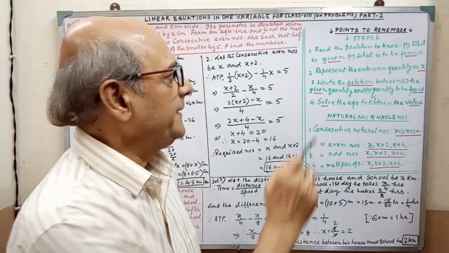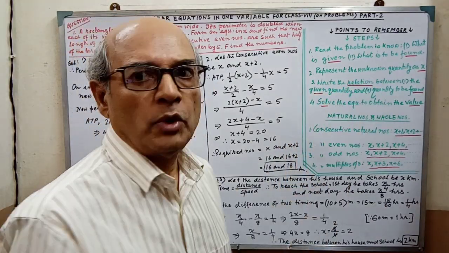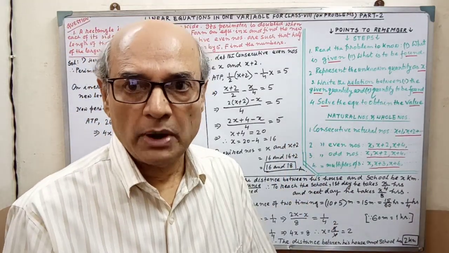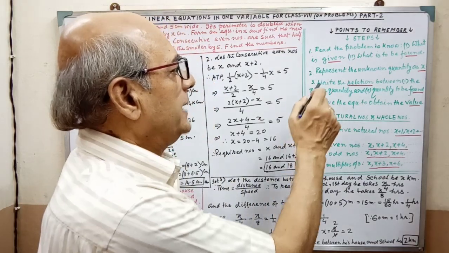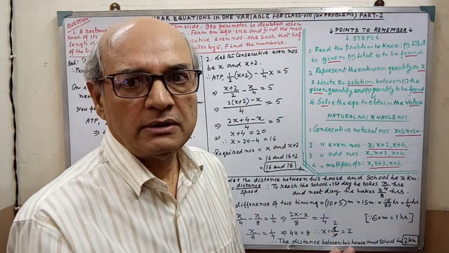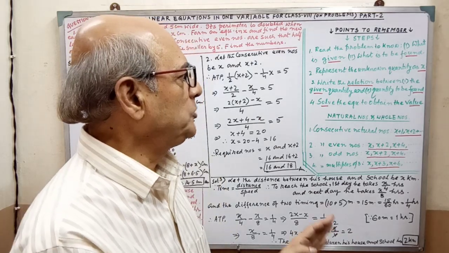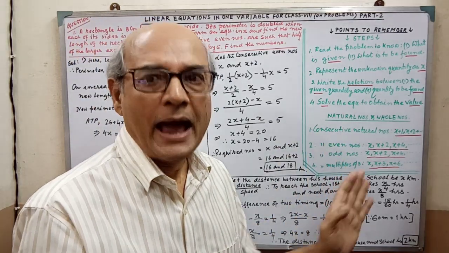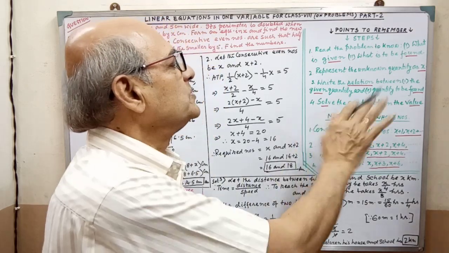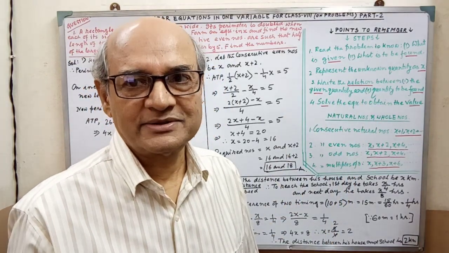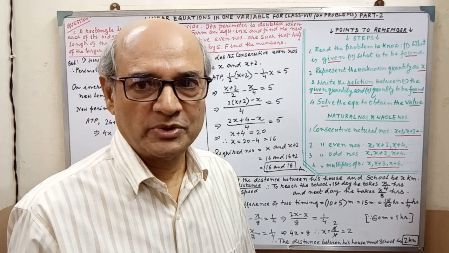Then represent the unknown quantity, what is to be found, that you may consider as x. And then write the relation between the given quantity and the quantity to be found. Then you have to solve for the unknown quantity. These are the points you have to remember.